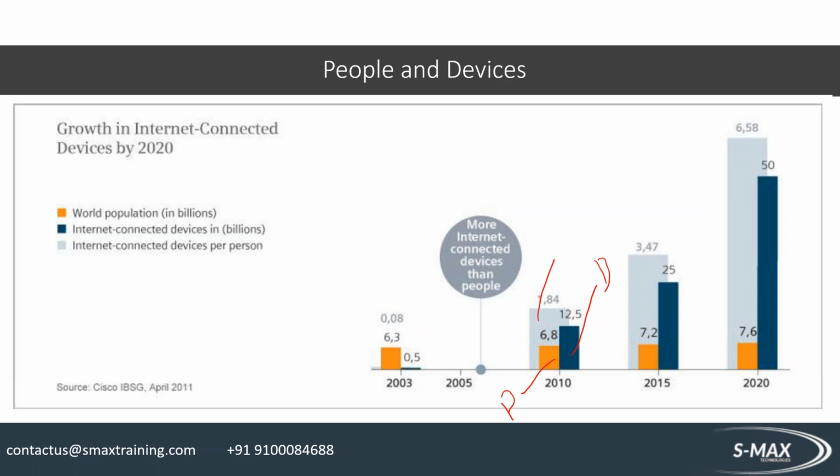This is, I'd say, just internet connected devices per person. So if you see in 2003, the world population is so huge.